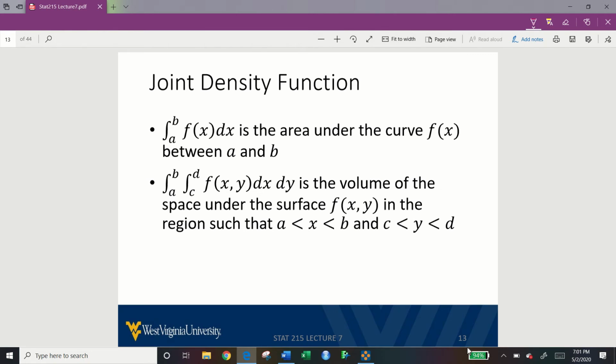The double integral with the inner integral being from c to d of f of (x, y) dx and the outer integral being from a to b for dy is the volume of the space under the surface f of (x, y) in the region such that a is less than x less than b and c is less than y less than d.